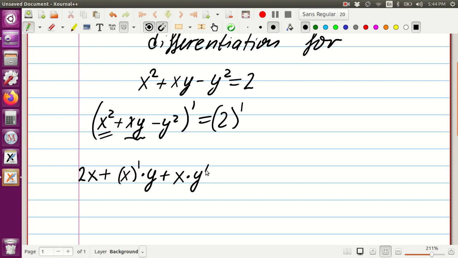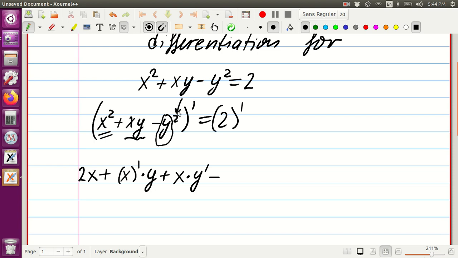We calculated the derivative of x times y, now we're going to calculate the derivative of y squared. But y is not just y, it is a function of x. So we have a function of x squared. We have to use the chain rule. For the chain rule we have to find the inner function and the outer function. If we calculate y of x, then we would need to square it.